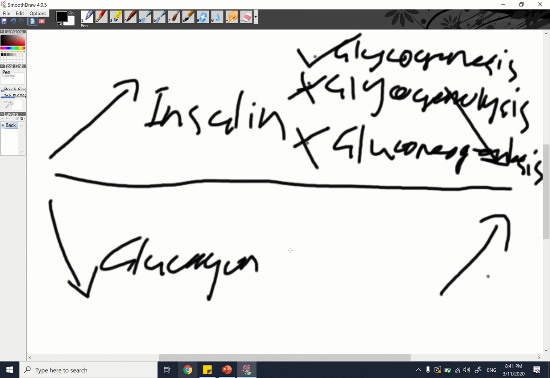And it does the exact opposite functions that insulin does. So let's assume we have glycogenesis up here, glycogenolysis, and gluconeogenesis. It would inhibit glycogenesis. It would promote glycogenolysis and it would promote gluconeogenesis.